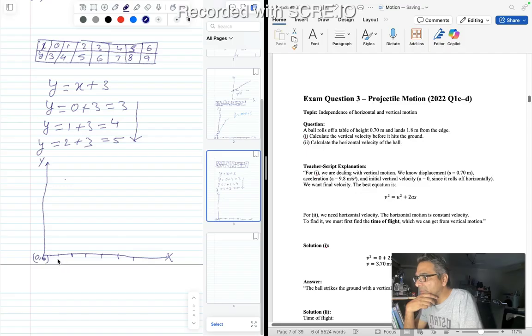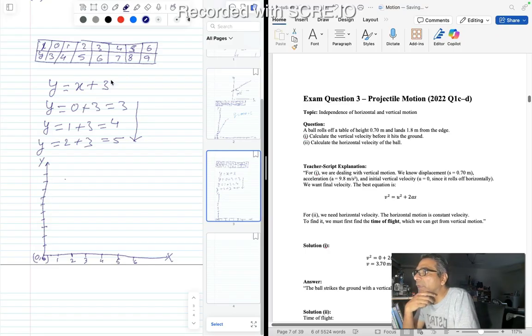And then we have 1, 2, 3, 4, 5, 6, 7, 8.